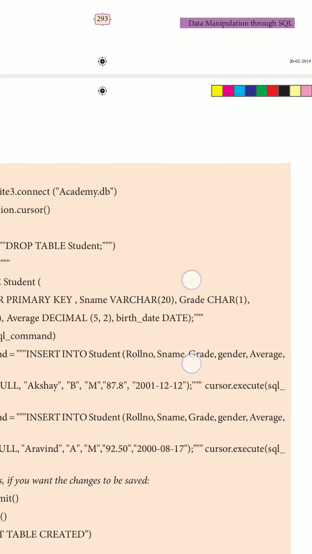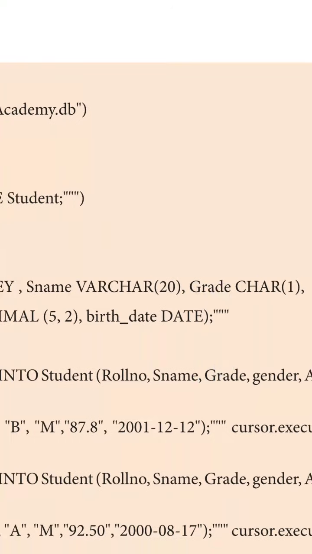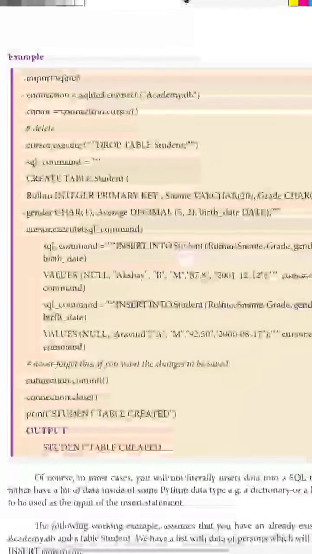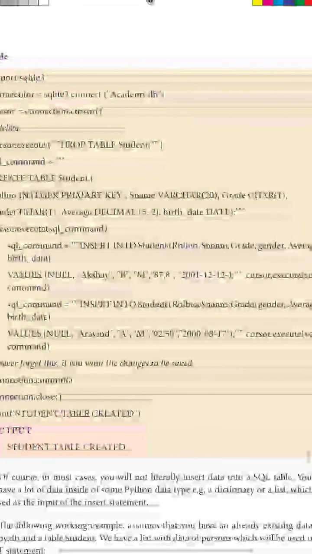Up to this it ends, but in the next line you can see cursor dot execute. This command is used to execute the above command. Inside that they are providing the variable name SQL commands. So this execution will be done, and in the next statement they are providing another one, insert.